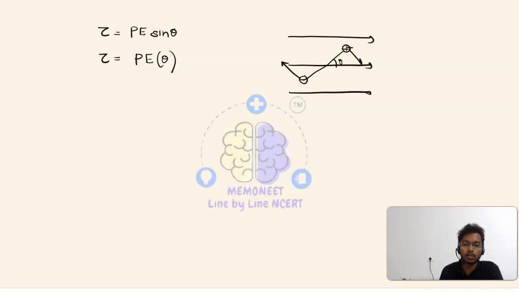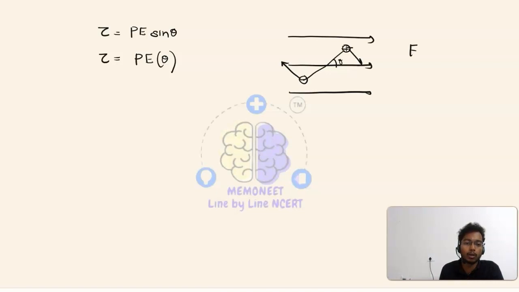This setup does not keep rotating because of the restoring force. When we slightly displace it, it does not have a proper rotation, and the reason is the restoring force.